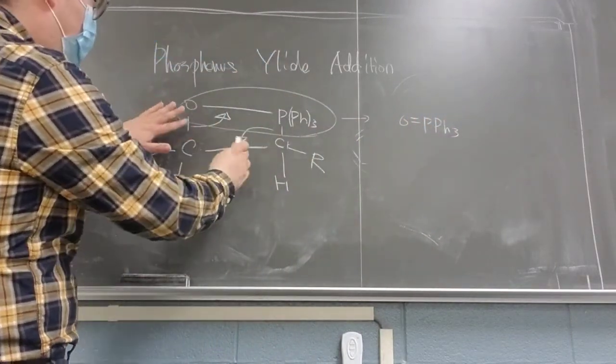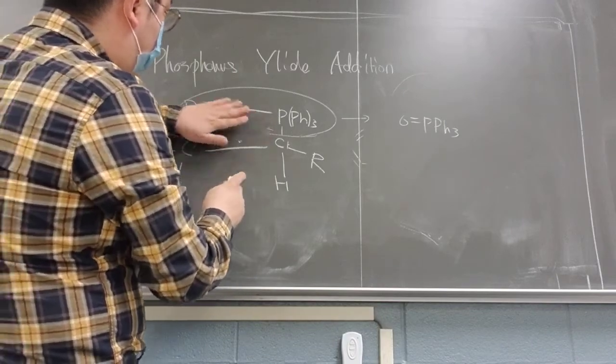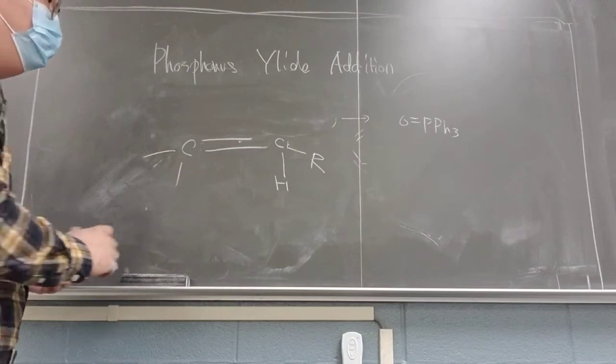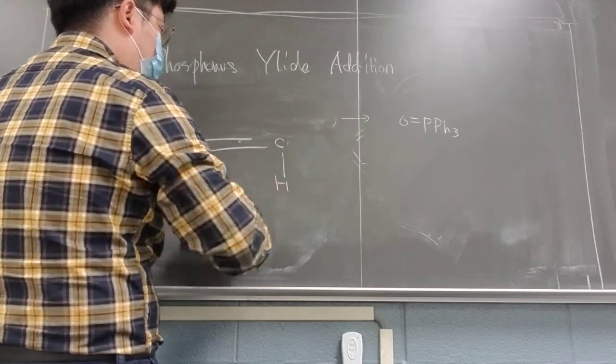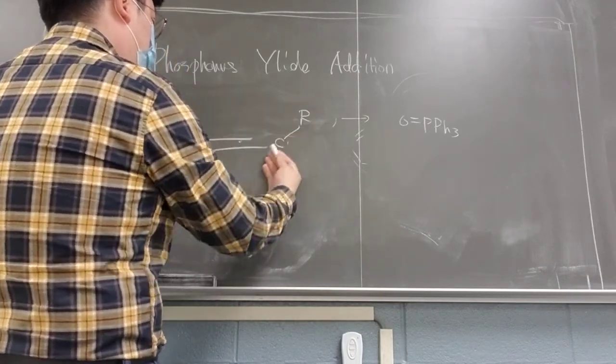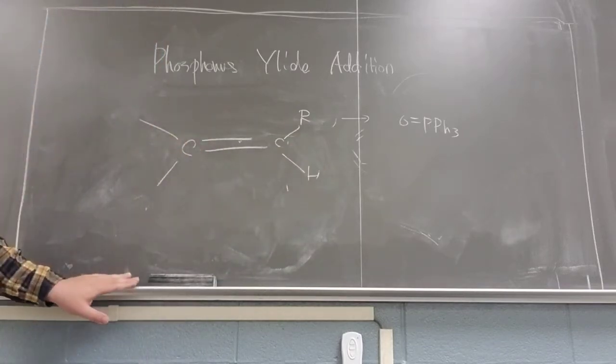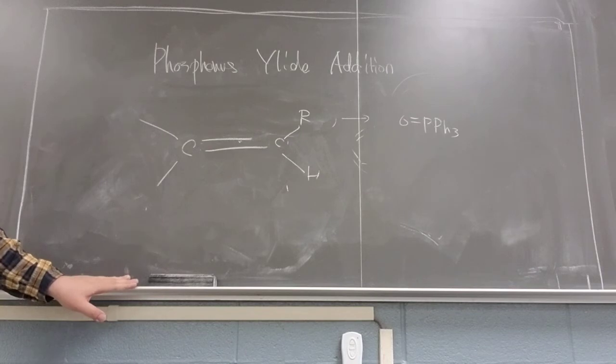Now there is one double bond. So this is what happens when you do the phosphorus ylide addition.